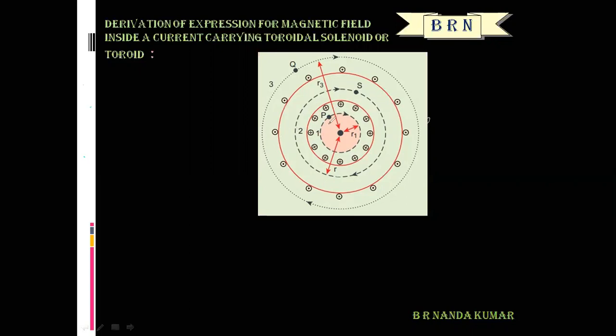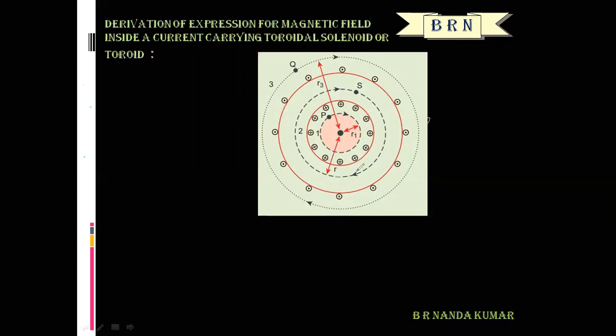This is Amperian loop 1 having radius R1. This is Amperian loop 2 having radius R2. And this is Amperian loop 3 having radius R3.